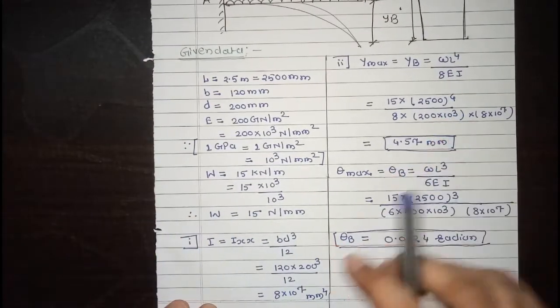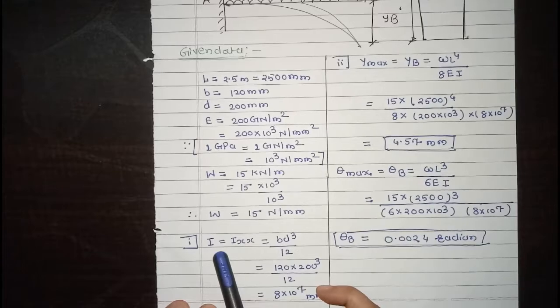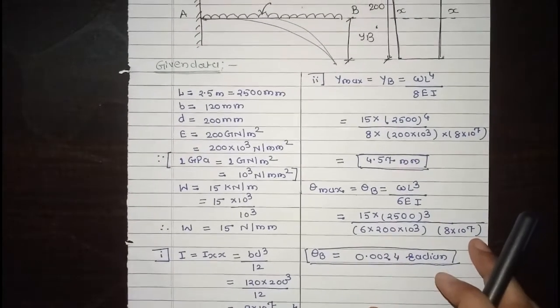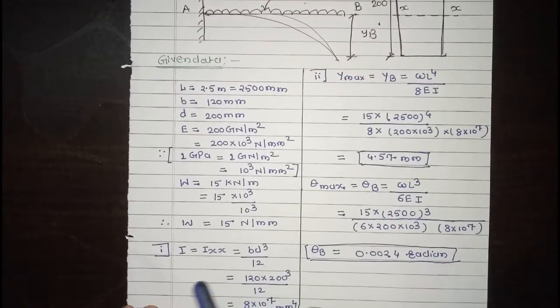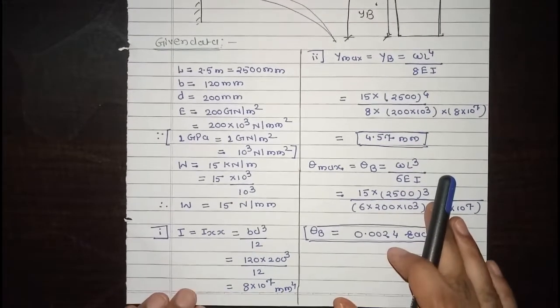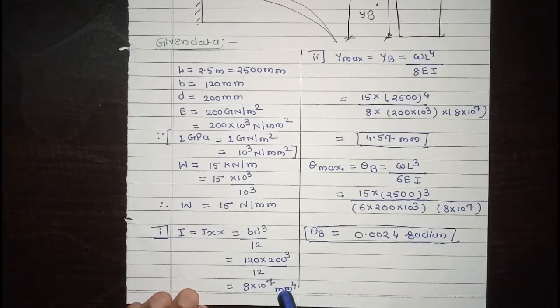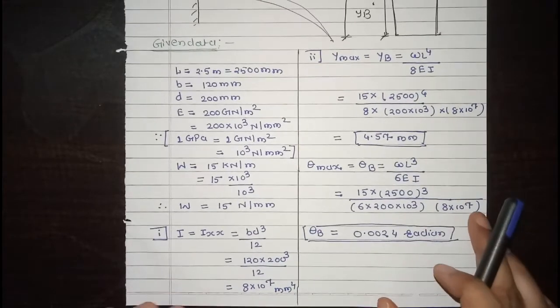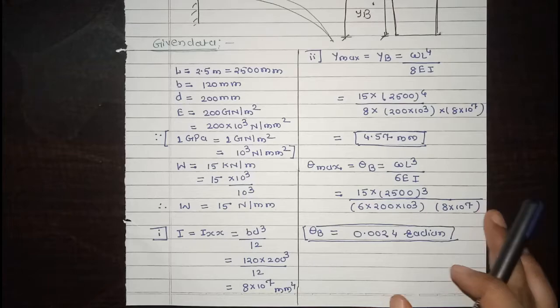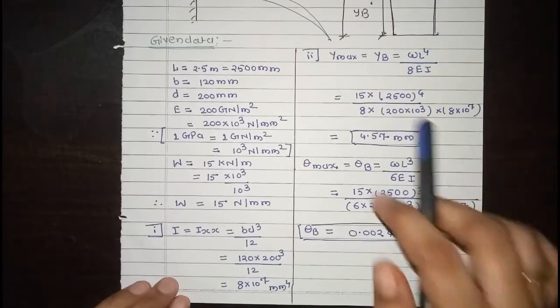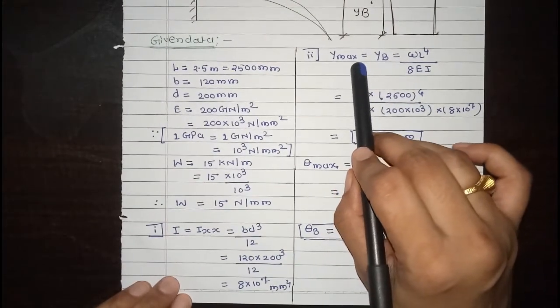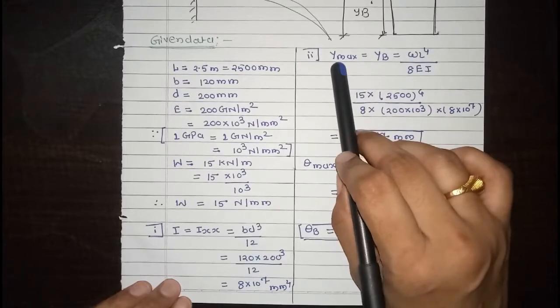Okay, so first calculate I. Ixx is equal to BD cube by 12. Put the values, B is 120 and D is 200 cube divided by 12. So I is equal to 8 into 10 to the power 7 mm raised to 4. Second, calculate the maximum deflection at the free end.